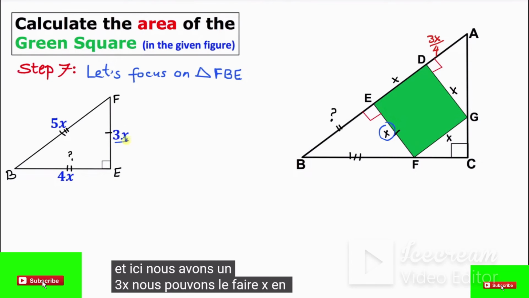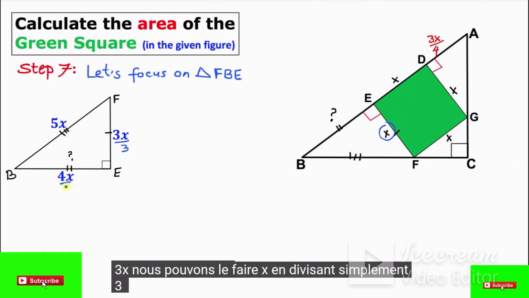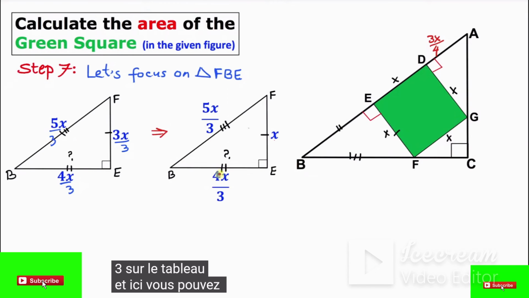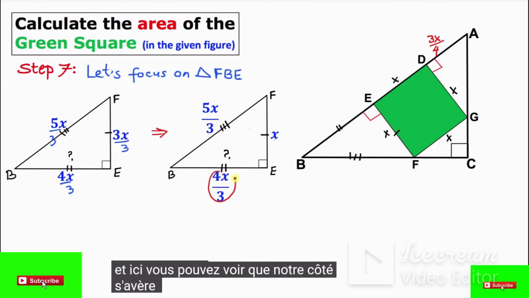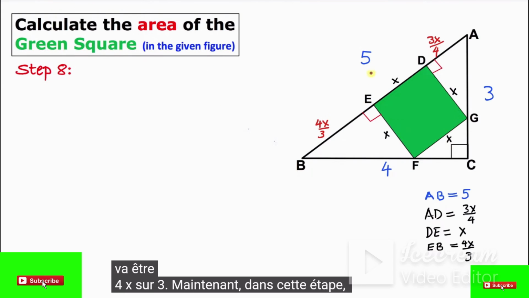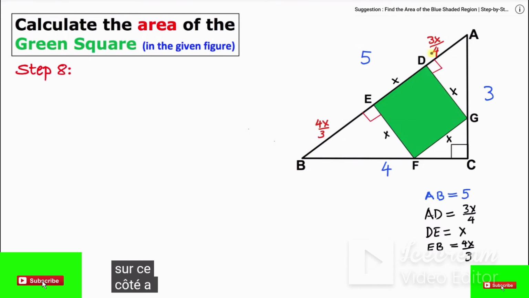We can make it x by just dividing by 3 across the board. And here you can see that this side turns out to be 4x over 3. That means this side is going to be 4x over 3.